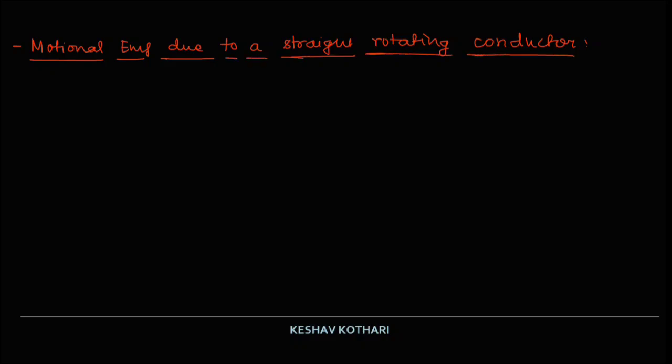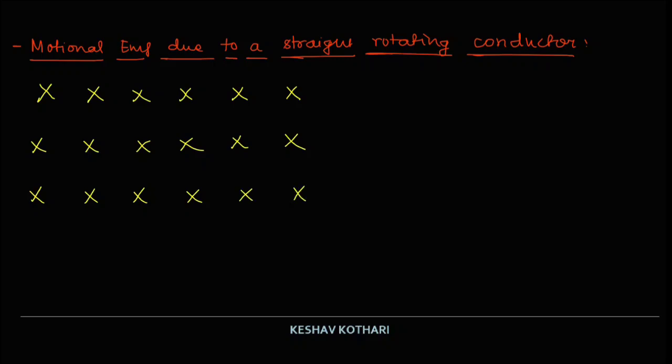So we are again considering that a region of uniform magnetic field is present, in which the magnetic field is directed into the plane of paper, having magnetic field strength B, and a conductor is rotated with an angular velocity omega in this region of magnetic field B.